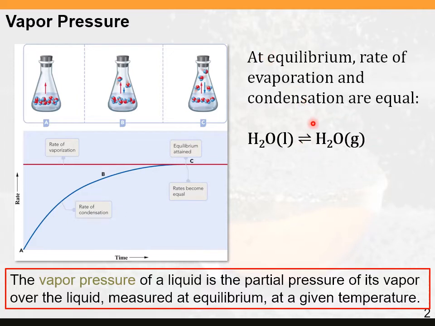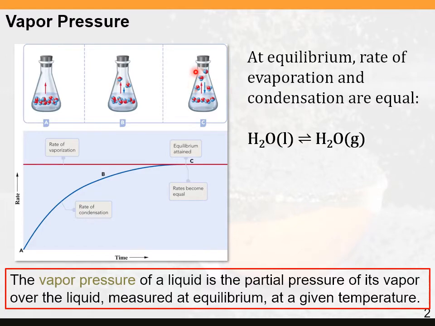At that equilibrium state, the amount of gas molecules is constant from that point on. Therefore, pressure from that point on is constant. This is what we call the vapor pressure. Vapor pressure is the partial pressure of the vapor of a liquid measured at equilibrium at a given temperature.